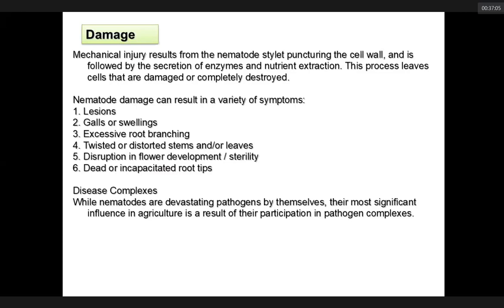All these are synonymous words. Write it down: gall or knot, K-N-O-T, or swelling or tumor or cancer. This is actually a kind of tumor or gall or knot or swelling of tissues.